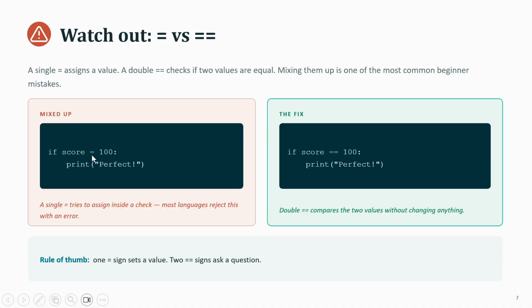We can go with the contains one, but that's for string variables, not for integers. Here, score is an integer, and we cannot check it with a single equal, because that's a syntax error. But if we go with the double equals, it checks that the left-hand side is really equal to the right-hand side, which is correct syntax, and it will print out perfectly.